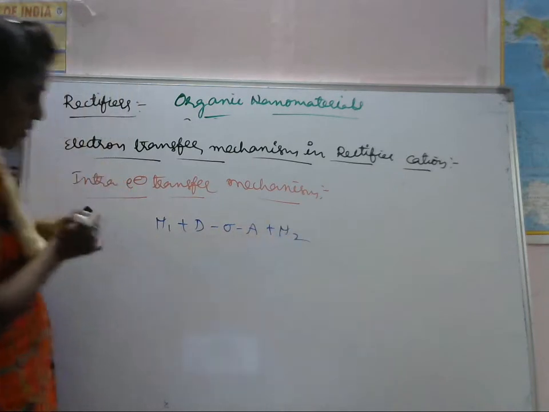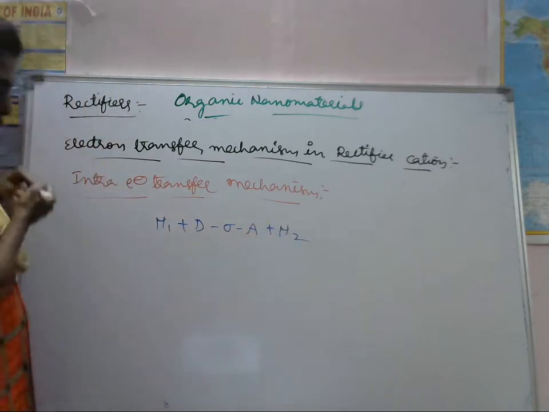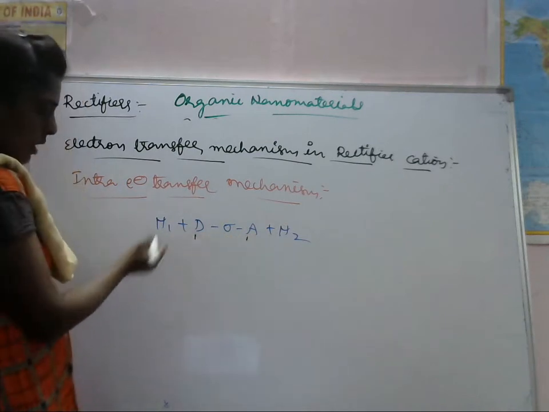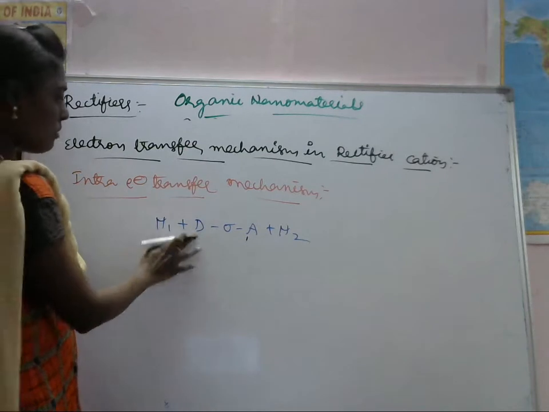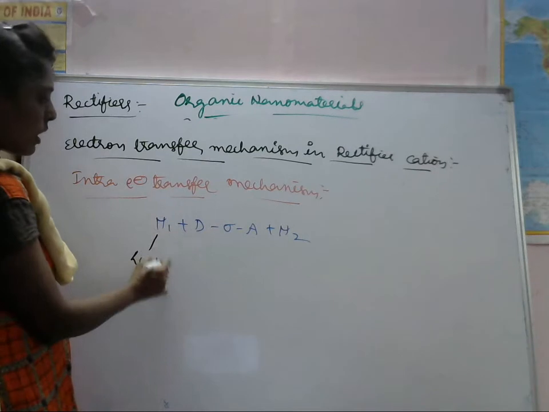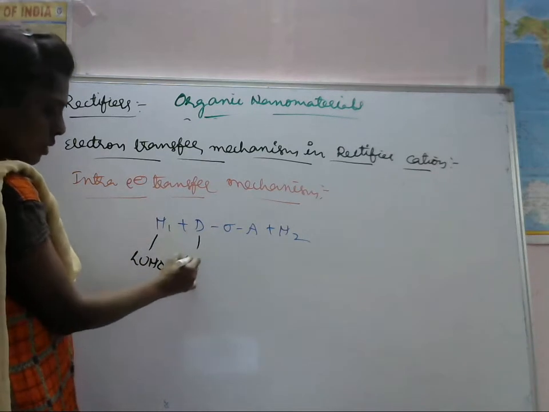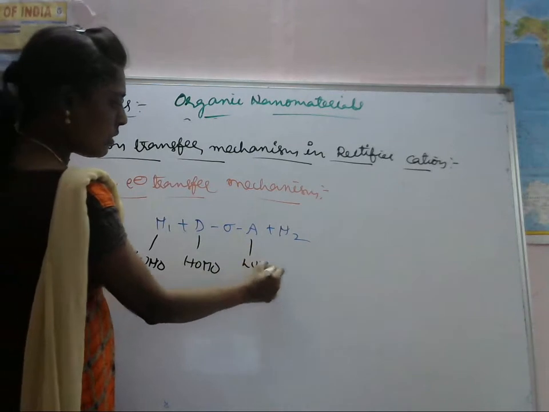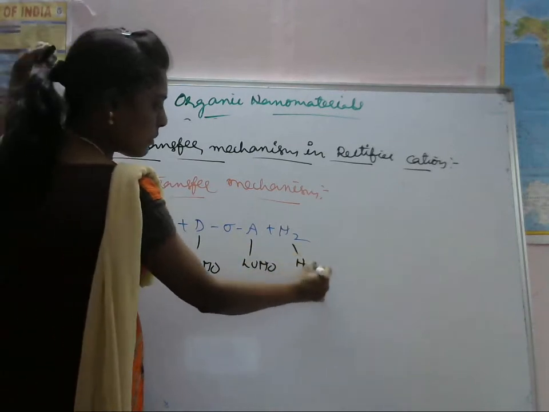Here it is a LUMO, here D1 A1. We have to write first, this is a LUMO. Actually there are no extra electrons. Here it is a HOMO, here LUMO, and this is a HOMO.